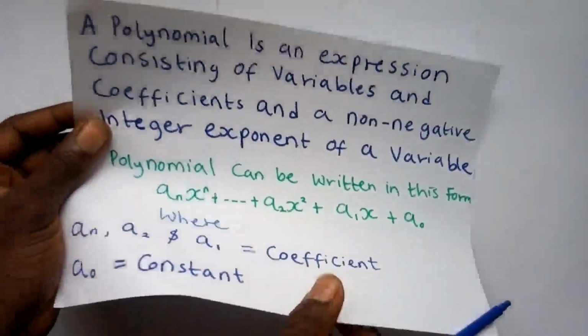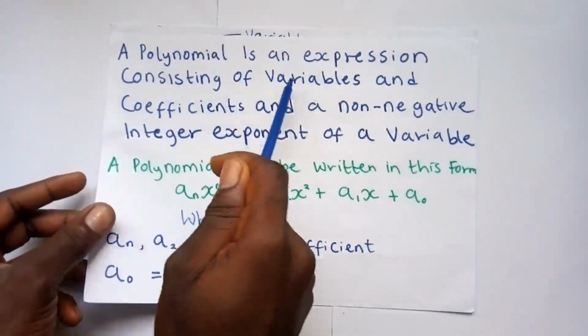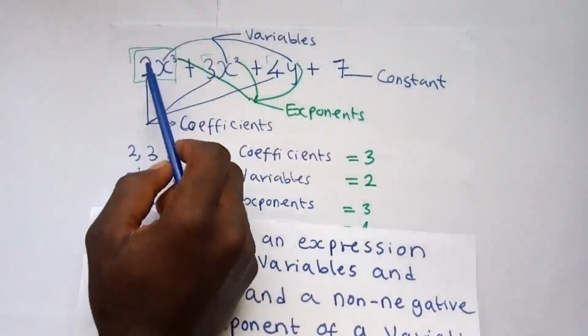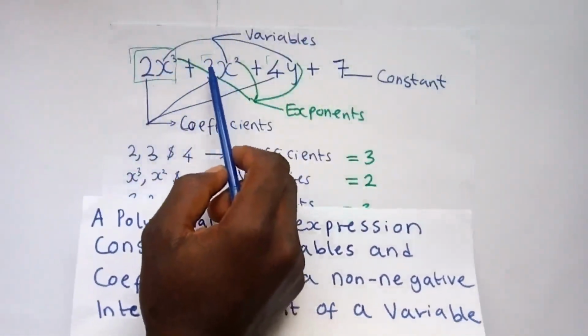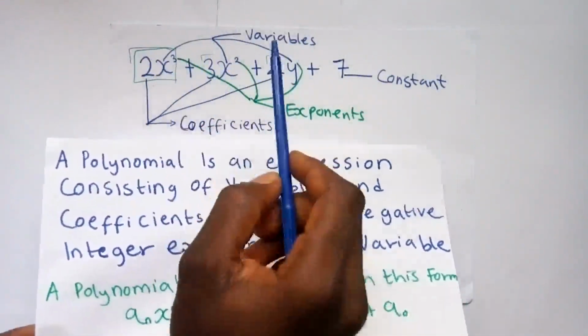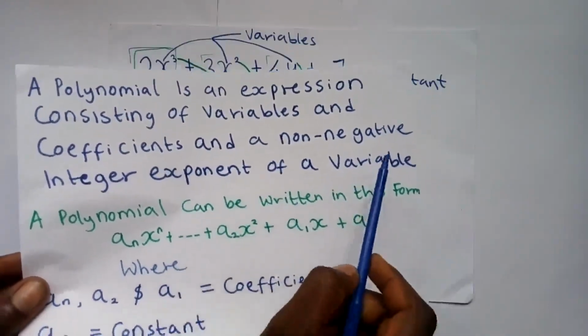In the definition of polynomial, it said a polynomial is an expression consisting of variables and coefficients. So this is a polynomial, with a non-negative integer exponent of a variable.